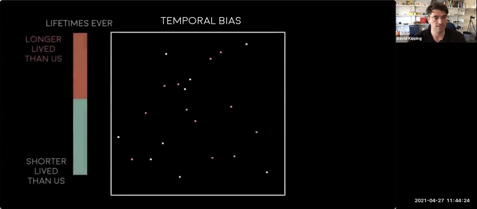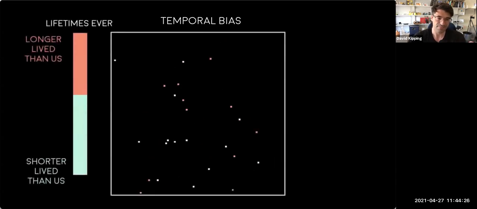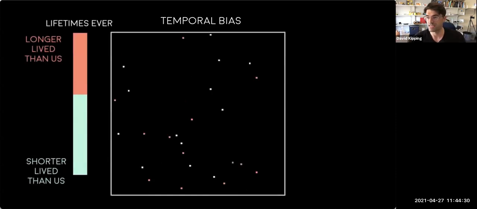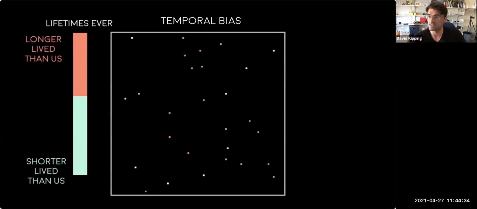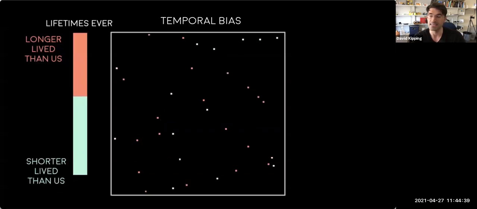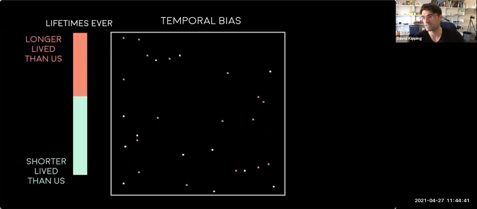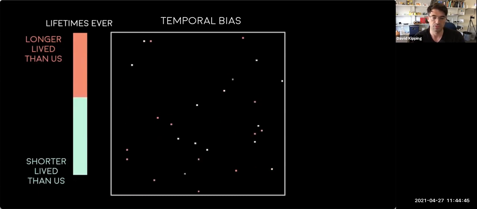I apologize for those who can't distinguish these very easily, but each green dot here corresponds to a short-lived civilization that is being born in the galaxy. And each red dot is a long-lived civilization that is being born. And in this simulation, I'm spawning an equal number of short-lived civilizations as long-lived ones. There's a 50-50 more or less balance between the two.